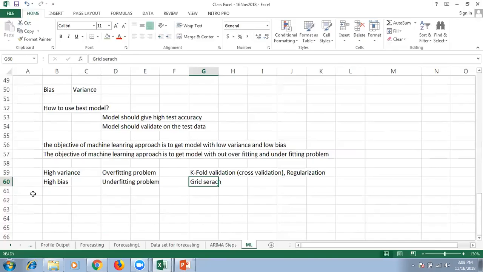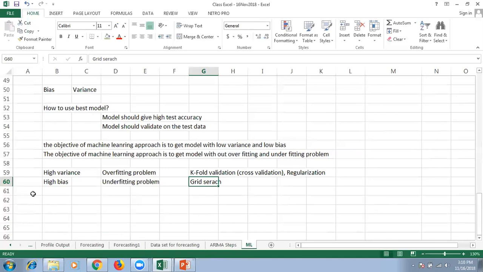You understand the concept of high bias and high variance and what we are trying to achieve? Why are we taking care of the high variance problem? Because that leads to the overfitting problem. And why are we worrying about high bias? That leads to the underfitting problem. So to come up with the best model, you should not have an underfitting problem and should not have an overfitting problem.